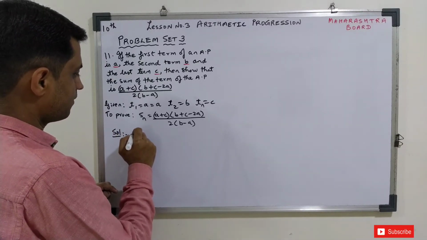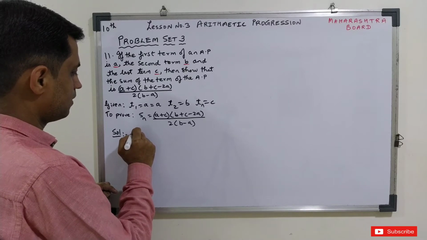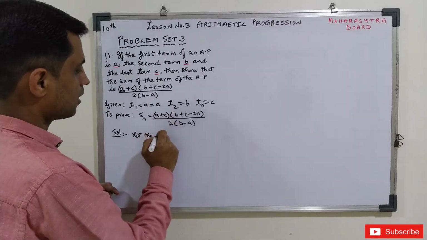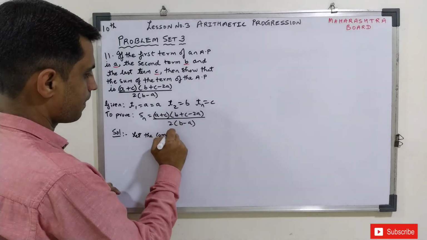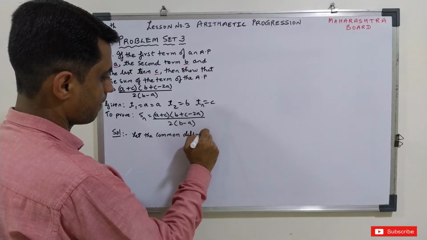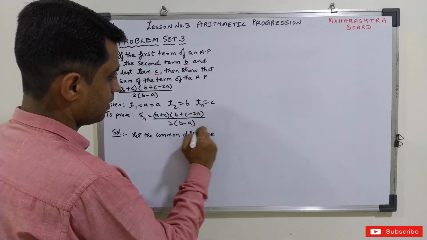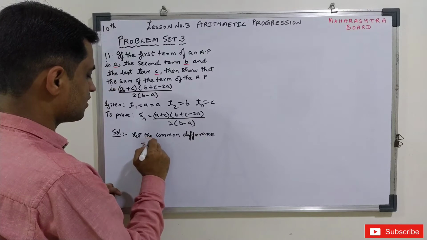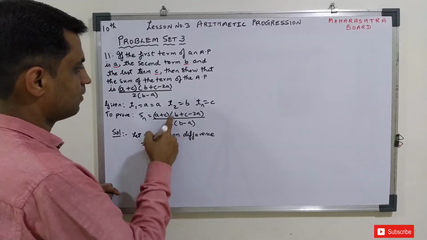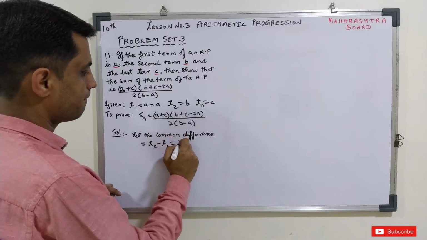Now here we will write, let the common difference be equal to what? T2 minus T1. What is our T2?